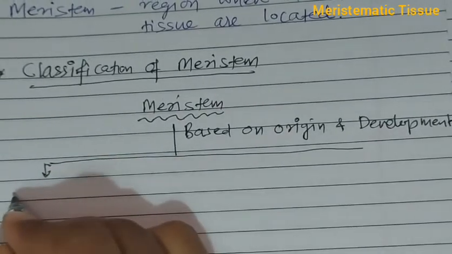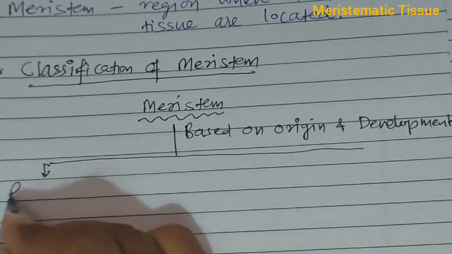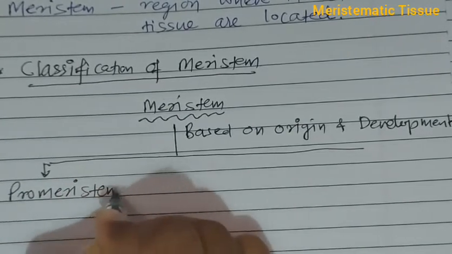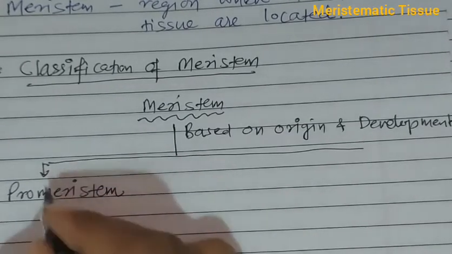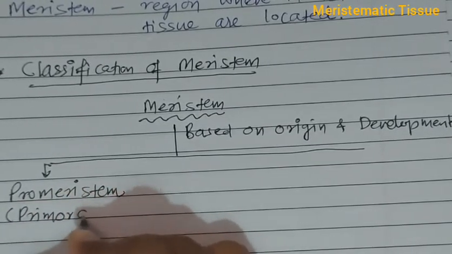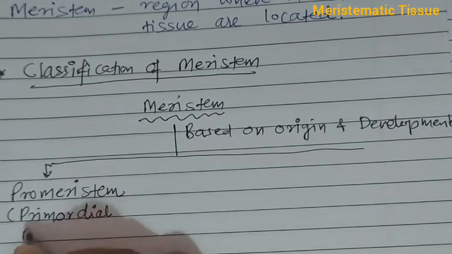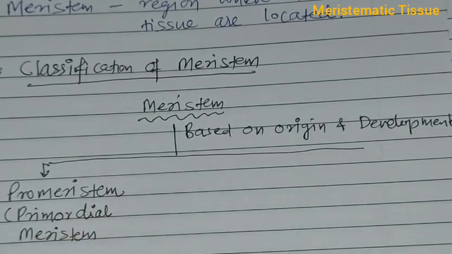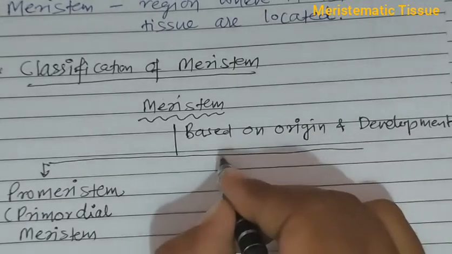First is promeristem, or we can call it primordial meristem. Next we are talking about primary meristem.